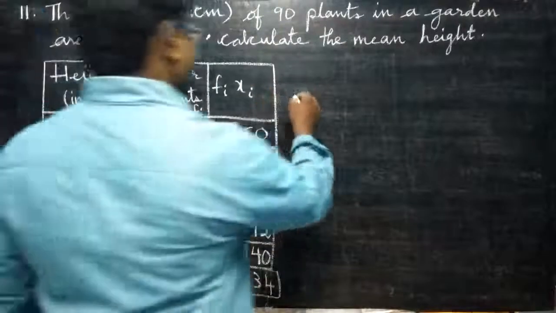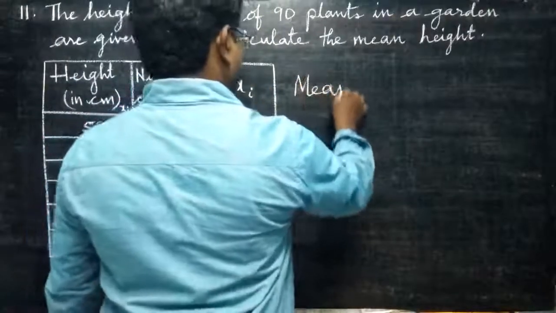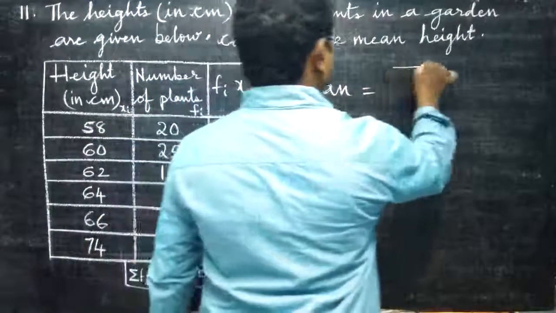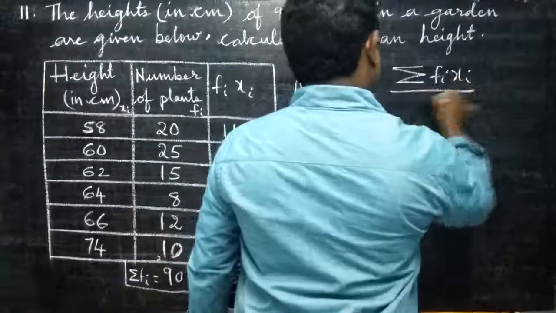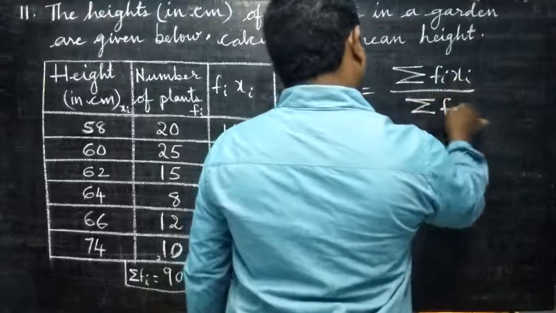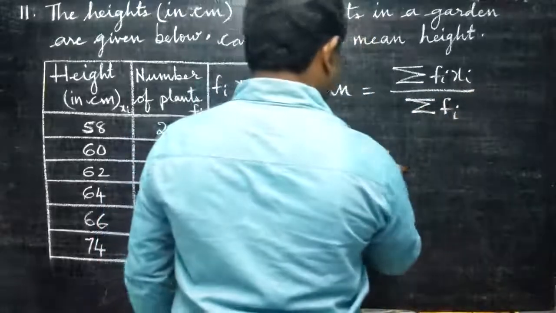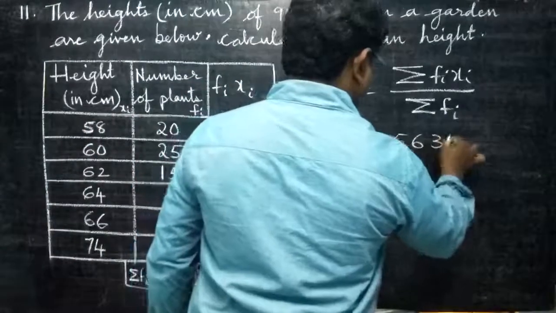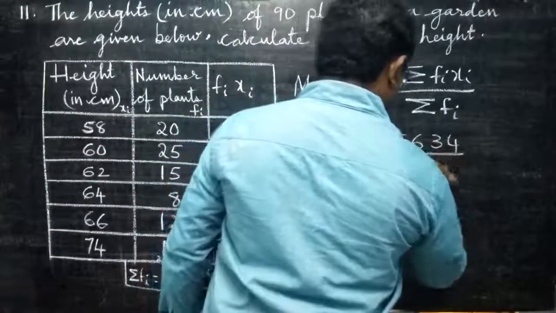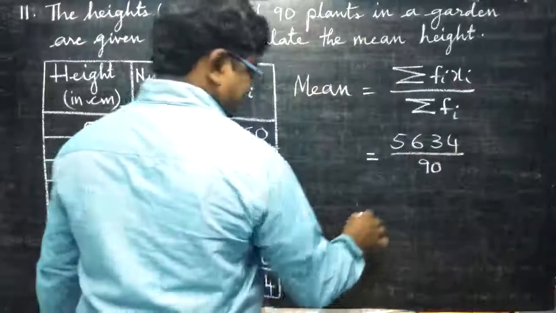Now they are asking to find mean height. So mean formula we know. Mean is equal to sigma Fi Xi by sigma Fi. That is equal to 5634 divided by 90.